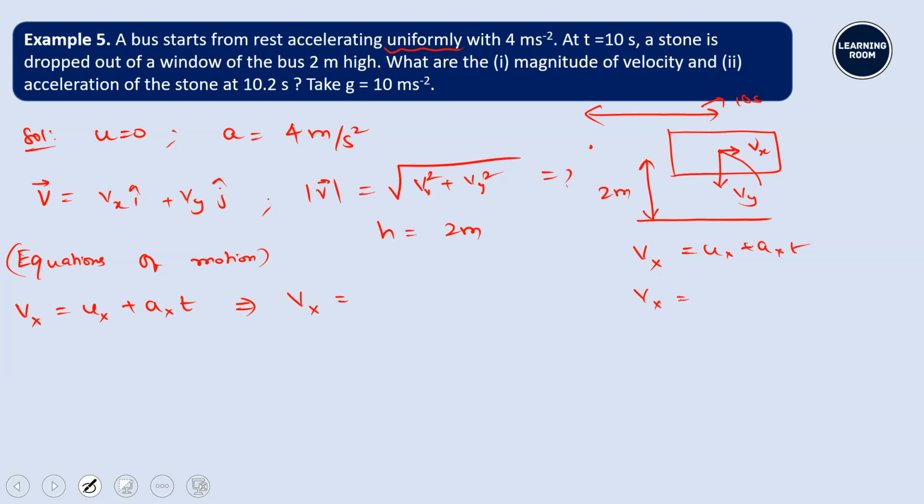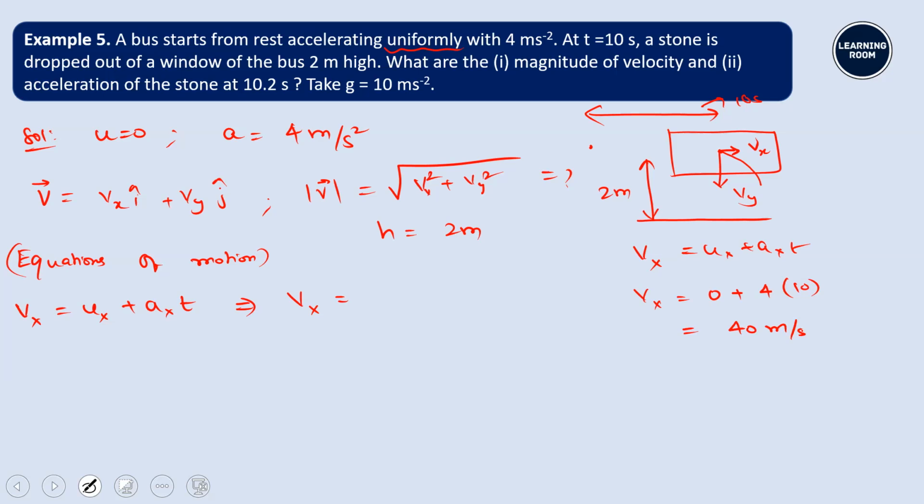So Vx will be equal to ux, which is 0, because along the horizontal it started with 0 velocity, plus the acceleration along the x direction, which is 4, into the time taken, which is 10. So it is going to be 40 meters per second.